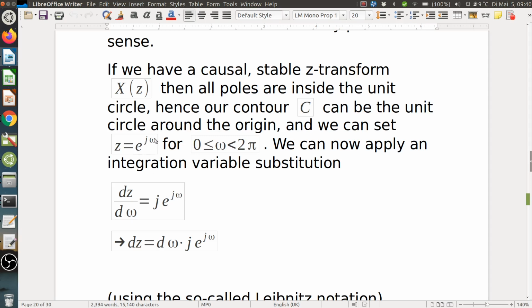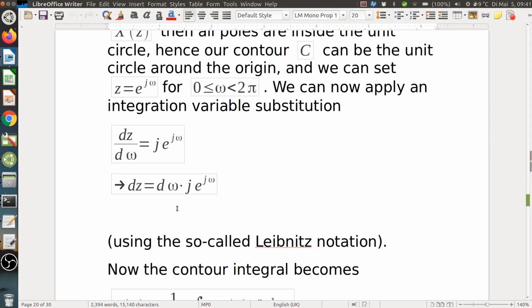So here, the exponential function's derivative is basically the exponential function itself times the factor in front of the derivative variable. That's why we have the j here. So that leads to dz equals d omega times j e to the j omega, using the so-called Leibniz notation. Strictly speaking, we cannot really do this. It's more like a symbolic reformulation. We just bring d omega to the other side.